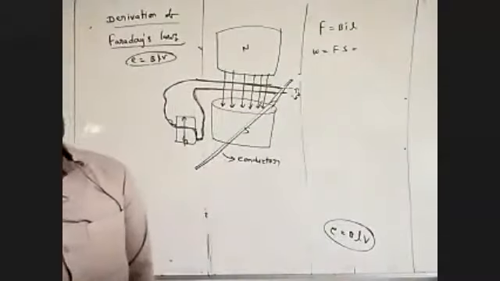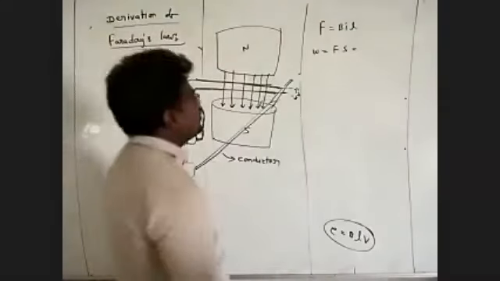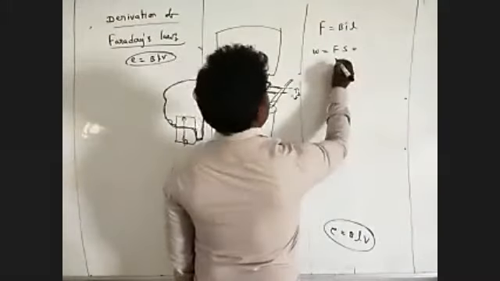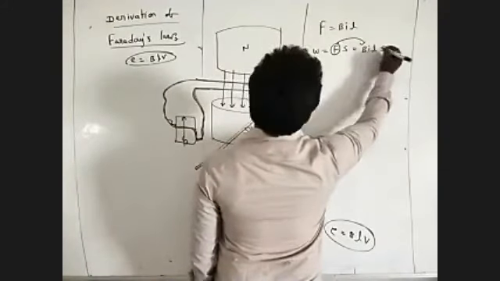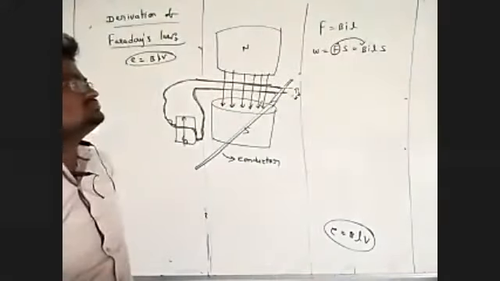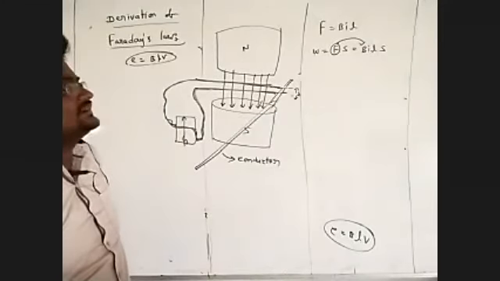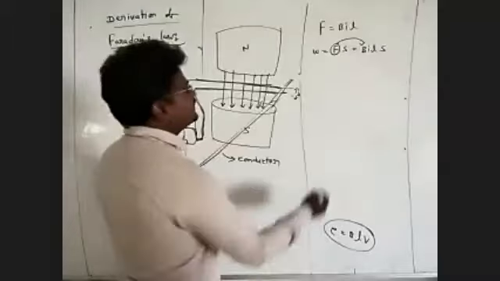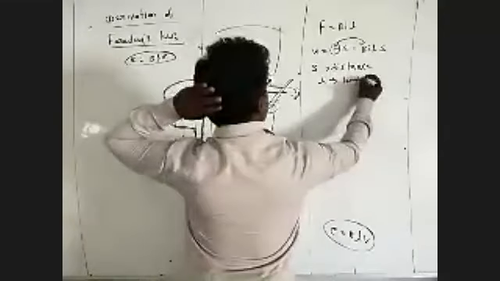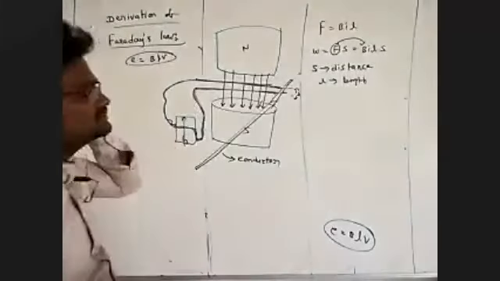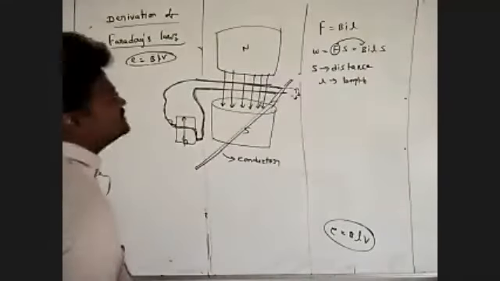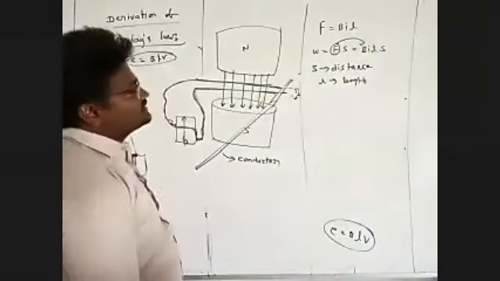F we can take as BIL, S means distance, L means length, and B means magnetic field, as you know very well. So we are getting BILS.